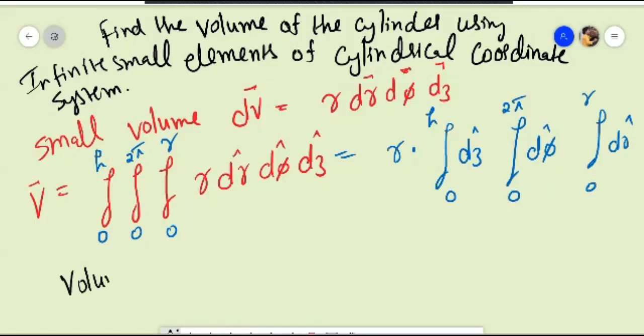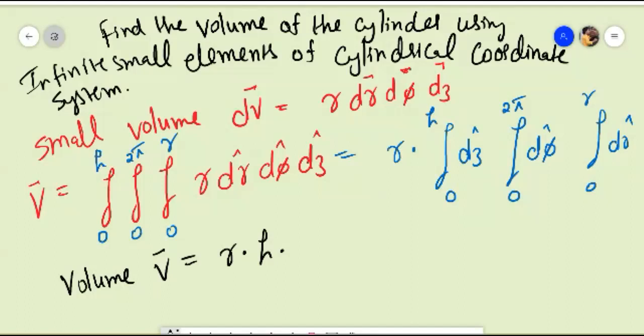the volume V will be equal to the height multiplied by 2 pi, multiplied by r square by 2.